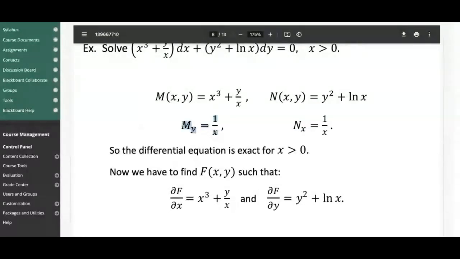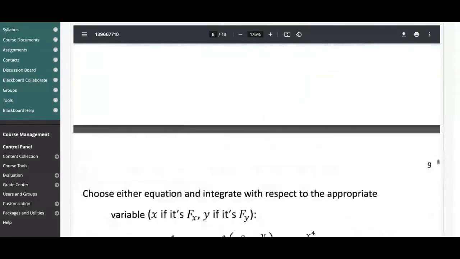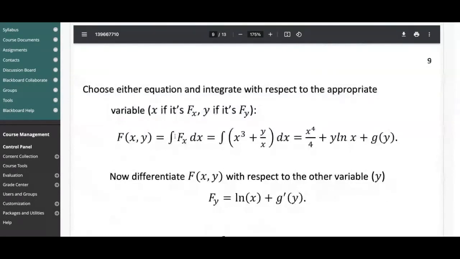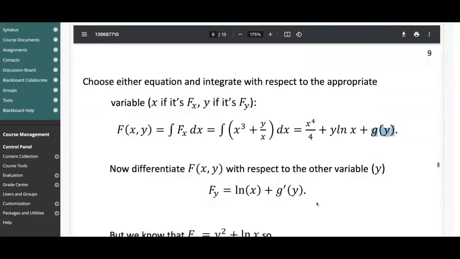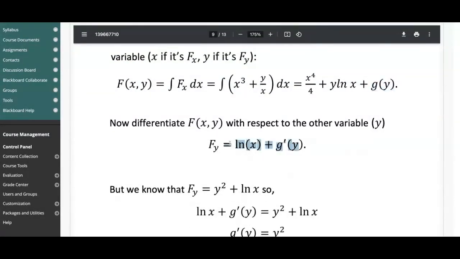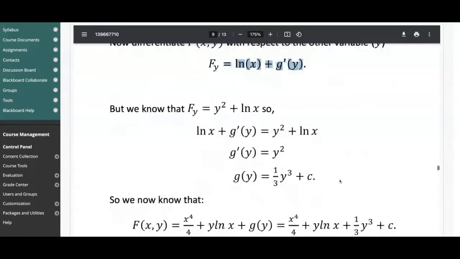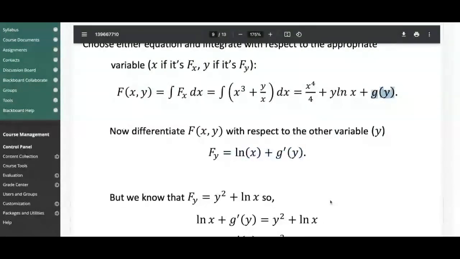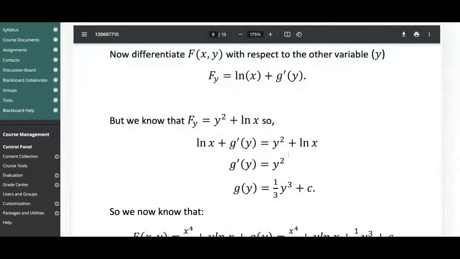In the previous example, we saw the mixed partials equal to each other. If they equal each other, we could go this way. We integrate one of the mixed partials in terms of its variable. The function of the other variable was treated as constant, so we restore it. Then we take a derivative in terms of this variable, y in this case.